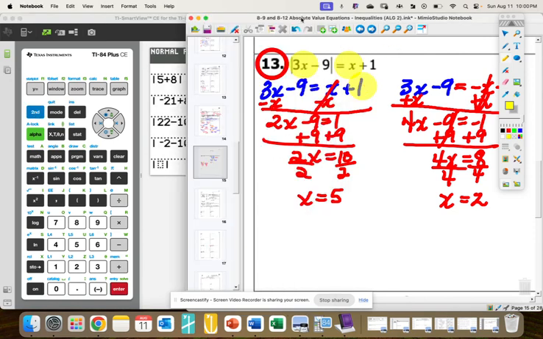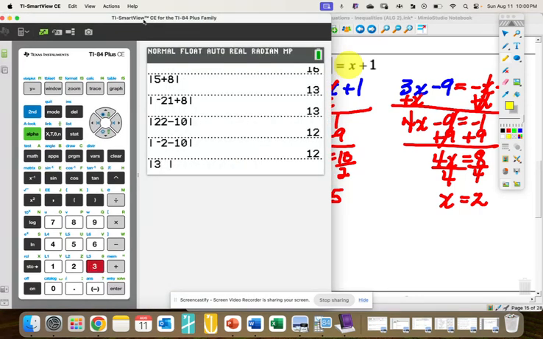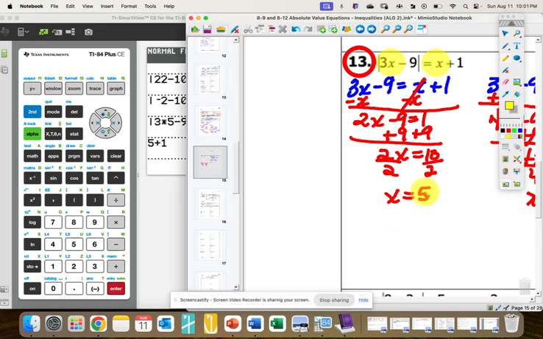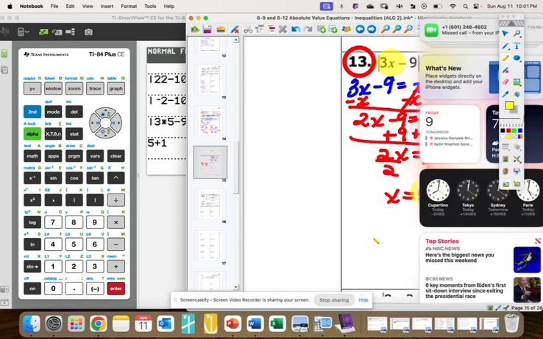And it was 3 times 5 minus 9, and I got 6. Okay, now I need to put that same 5 here, and it'll be 5 plus 1. Since when I put this 5 here, I got 6, and when I put it here, I got 6, well, that's the same number. 6 equals 6, so that answer works.